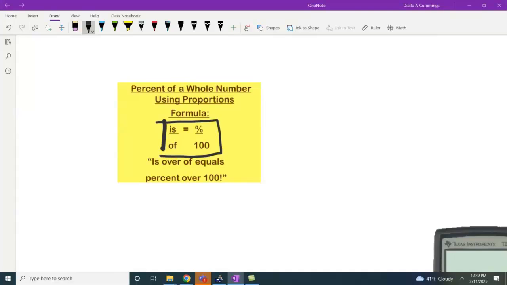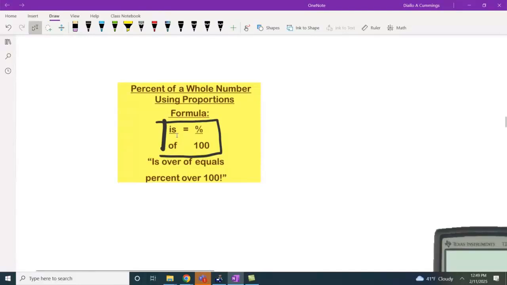So what we're going to do is take a word problem or an application problem, convert that application into a percent equation, and then solve it.